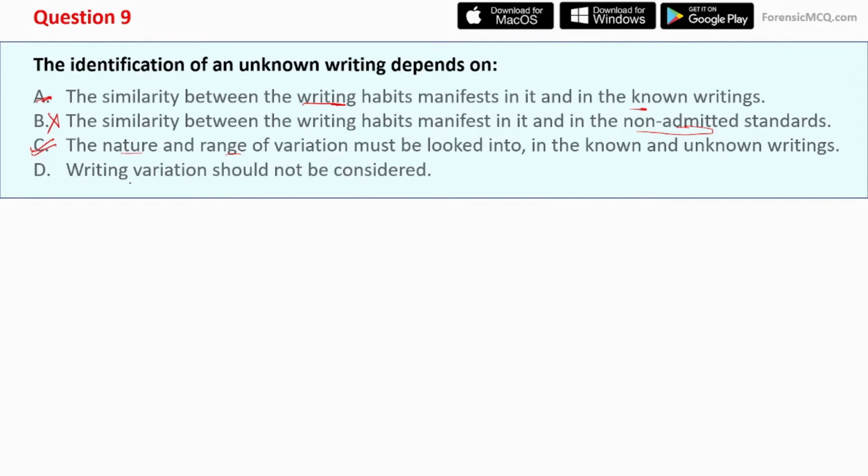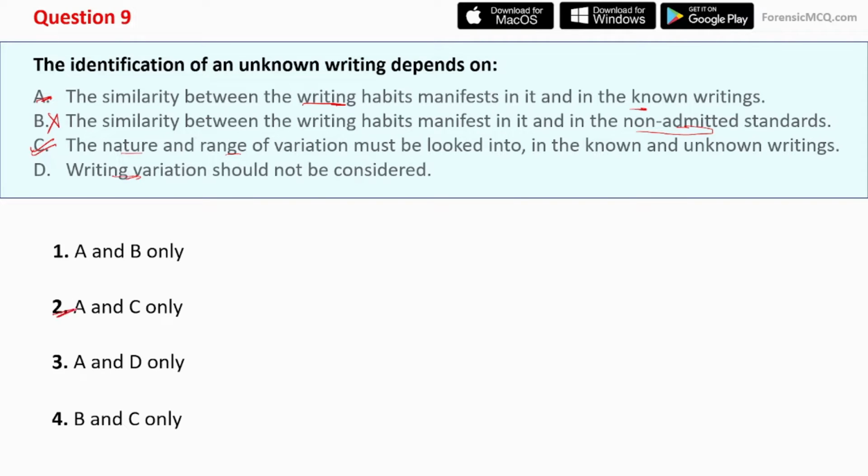This is wrong. Writing variation must be considered, and it is very important because one can't replicate the same thing again and again, as there are variations with time. So writing variation should be considered. And these are the options, and the correct answer is A and C only.